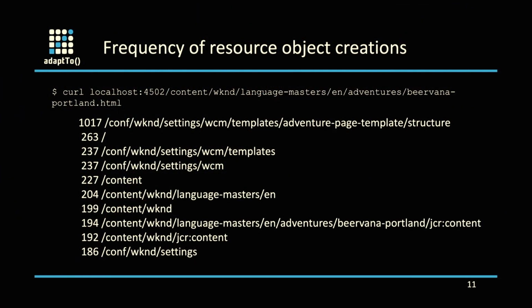We're reading 1,000 times something on the editable template. And then in conf, we read the root node 260 times. What for? And at position 8 we have, for the first time, the actual page we want to render. That's an interesting learning, and it probably already hints at where the problem actually is. I'll come to that later on.